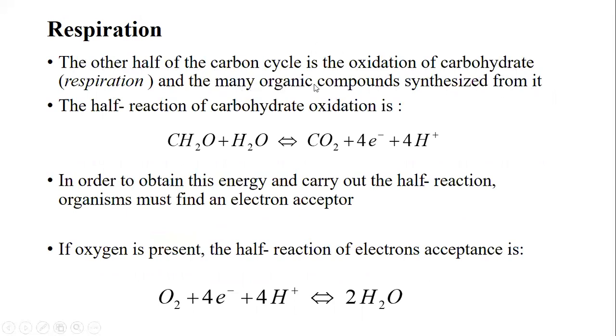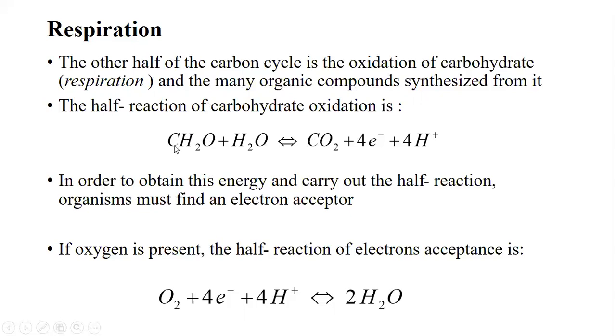The plants only start with the first molecule, and they also manufacture so many organic compounds within that plant system. The half reaction of carbohydrate oxidation is, again, this simplified carbohydrate CH2O plus H2O to give you CO2 plus 4 electrons plus 4 hydrogen.